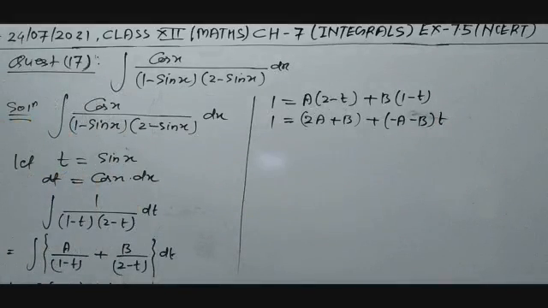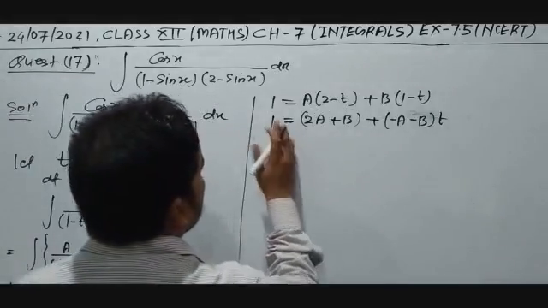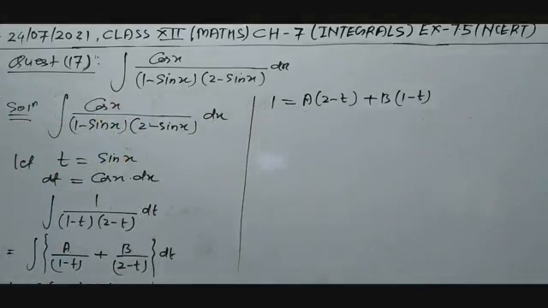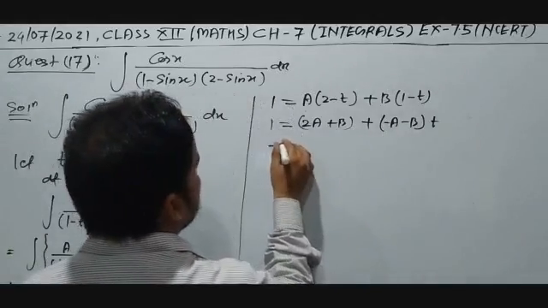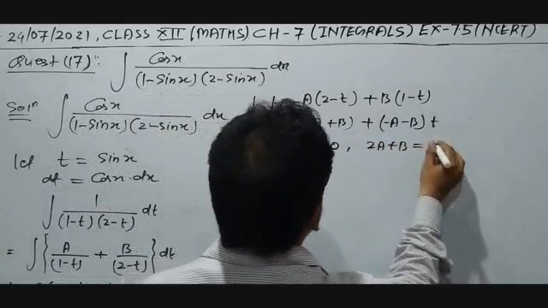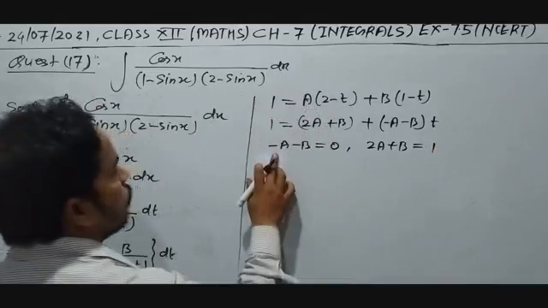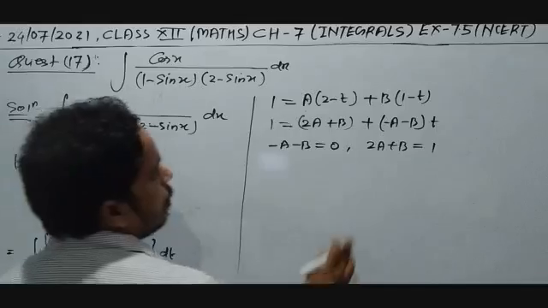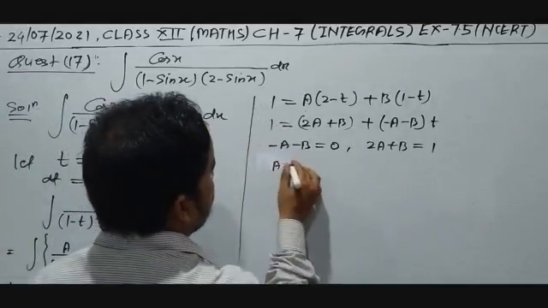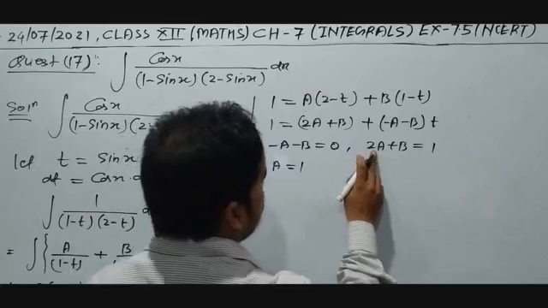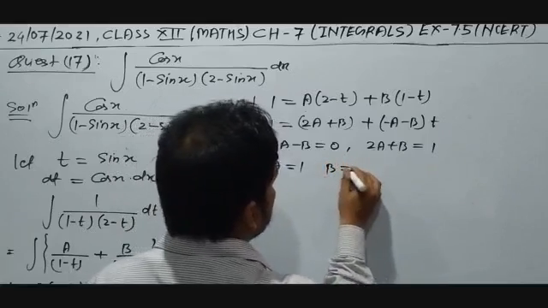After equating, you can find their values: minus a minus b equating gives 0, and 2a plus b you will get 1. So a plus b is equal to 0. This implies a is equal to minus b, or b is equal to minus a. So you will get a is equal to 1, and in that case you can find b, you will get minus 1.